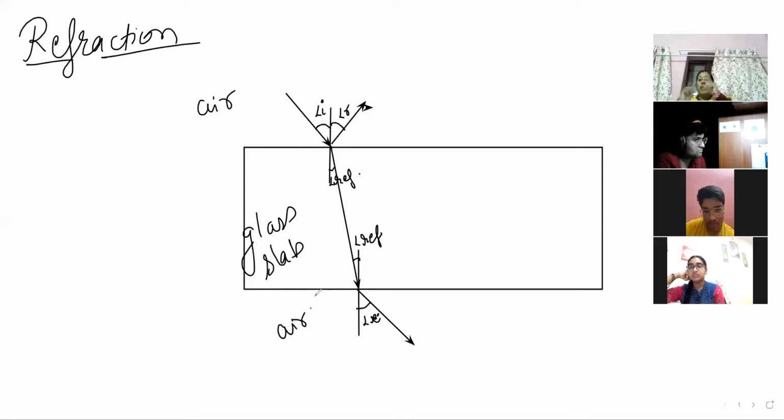Who will tell me, is air much denser or is the glass slab much denser? The glass slab is denser. Why is the glass slab denser? Anyone can say.